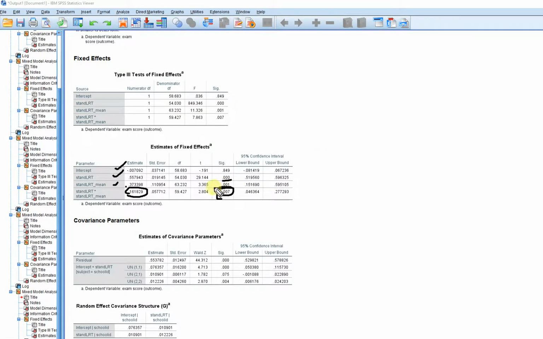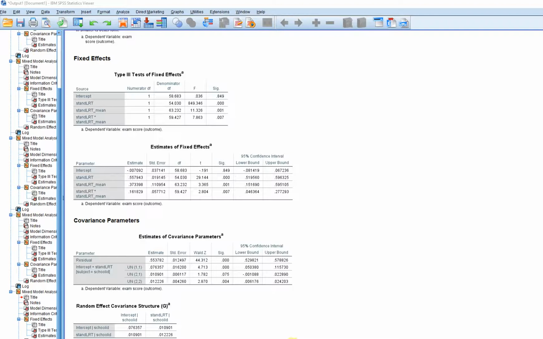So in other words, I might take this to mean that the school average London reading test score is a moderator of the relationship between the level 1 London reading test variable and student exam performance. Another way of putting this is that we have a cross-level interaction taking place.